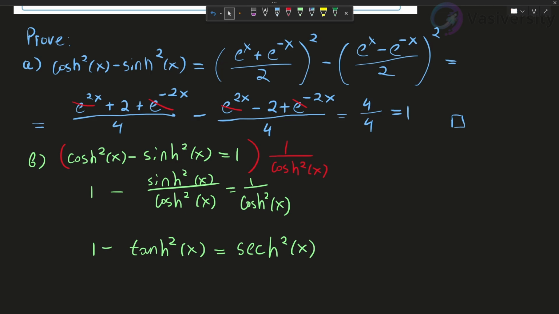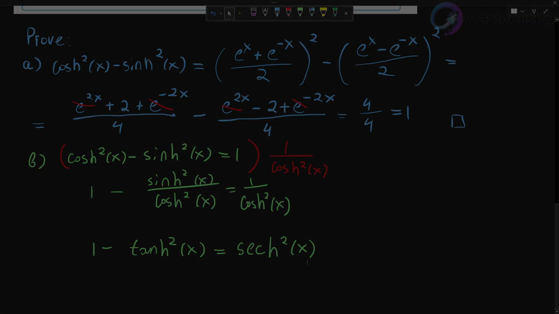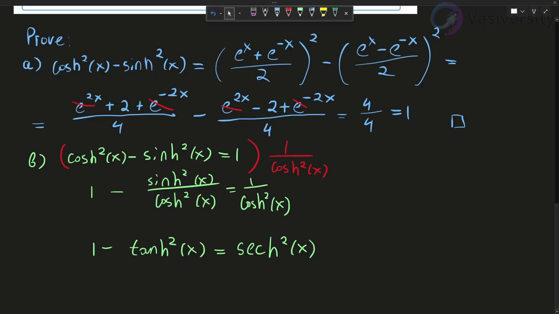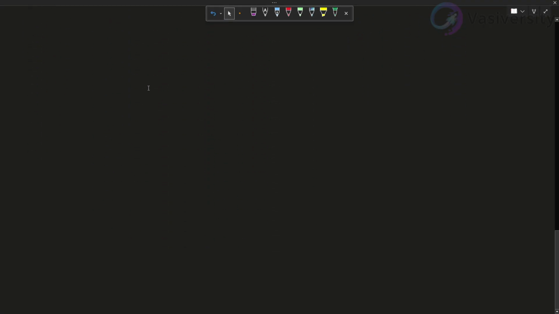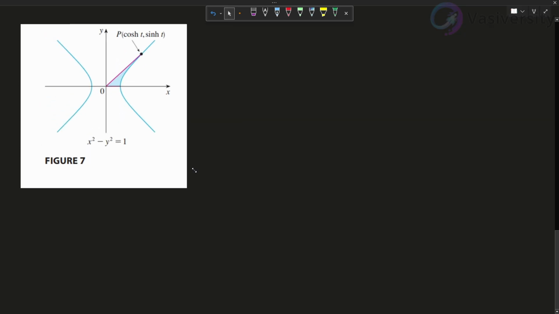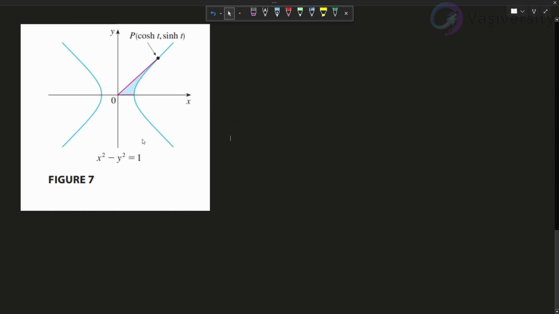If we decide to parameterize hyperbolas, we can envision the hyperbola x squared minus y squared is equal to 1, and precisely we can parameterize it if x is equal to the hyperbolic cosine and y is hyperbolic sine.